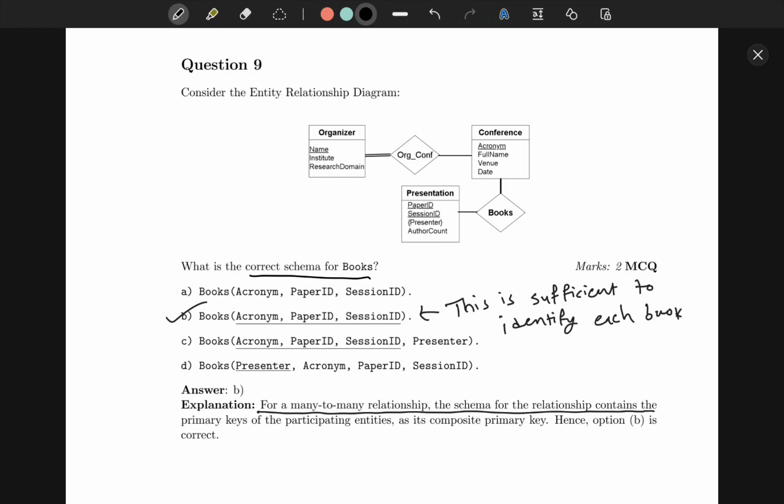This time we have to find the correct schema for books, and since books is a relationship between many-to-many schemas which have entities, books must contain only the primary keys from its participating entities, since that is sufficient to identify each tuple in the relation. Hence, option number B is correct.